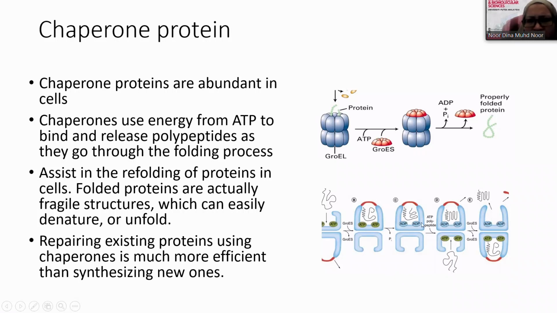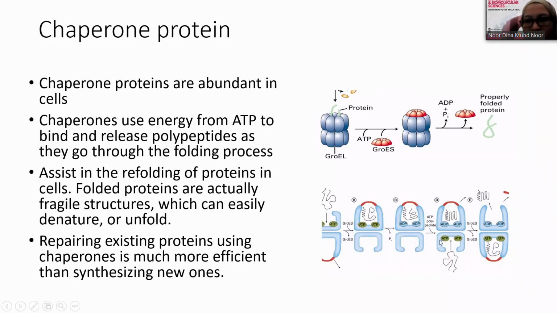And this is a little bit more detail. This is the figure from the outside, but this is the figure from the inside, showing what happens inside the chamber. We have GroEL, and then GroES comes in to cover the GroEL, and we have the unfolded protein and ATP.